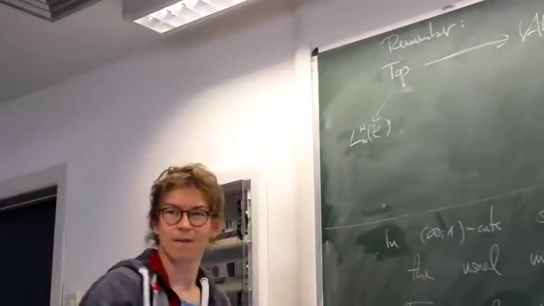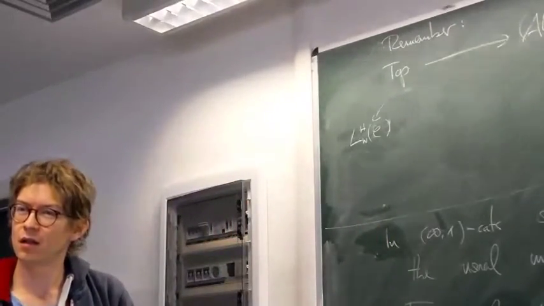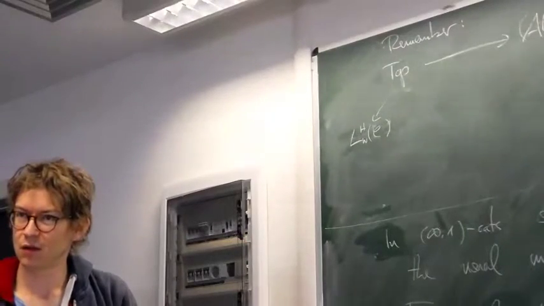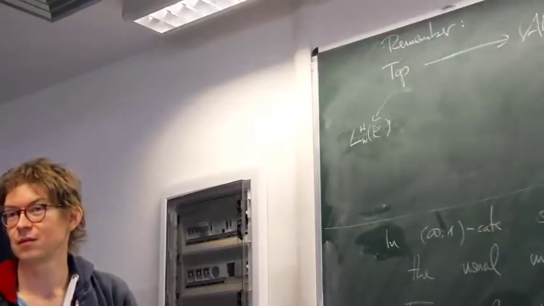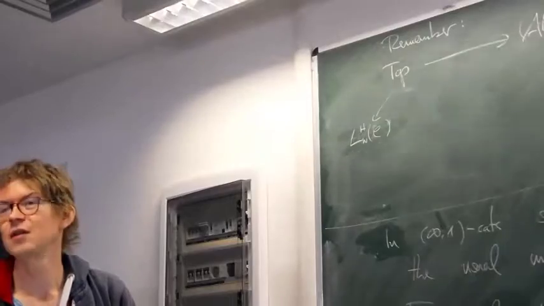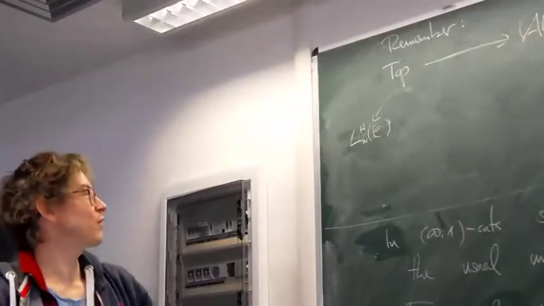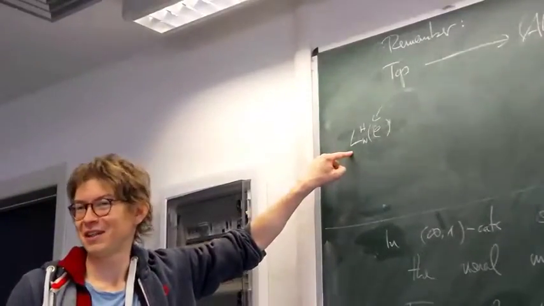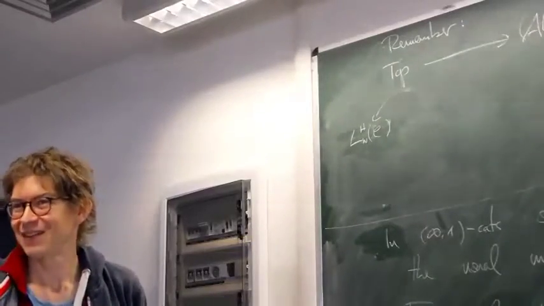It's kind of surprising to me that we turn Top into a simplicial category by ignoring the topology we could put on the hom sets, like compact-open or whatever. But if you do that, that's actually what you get.